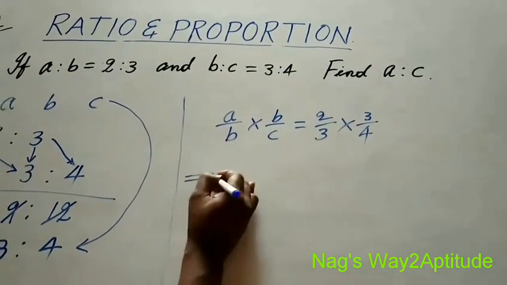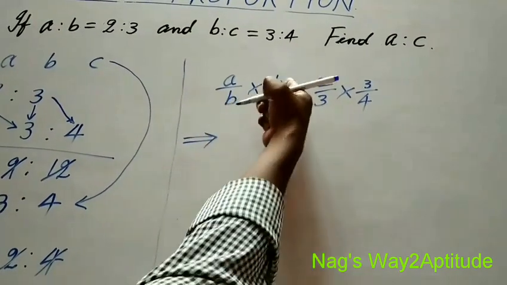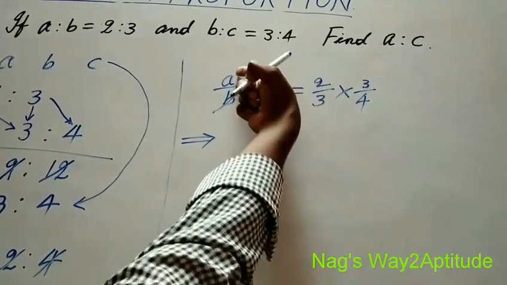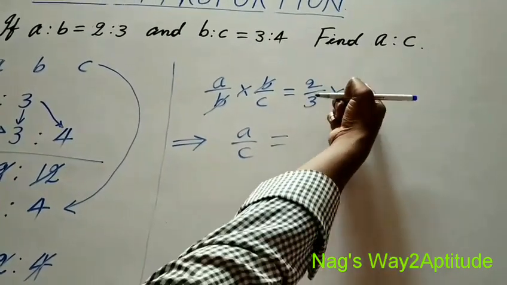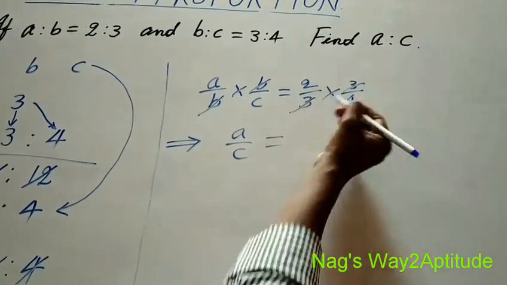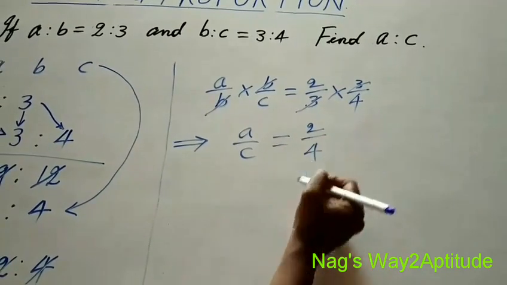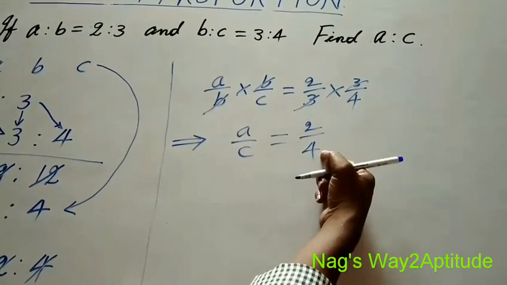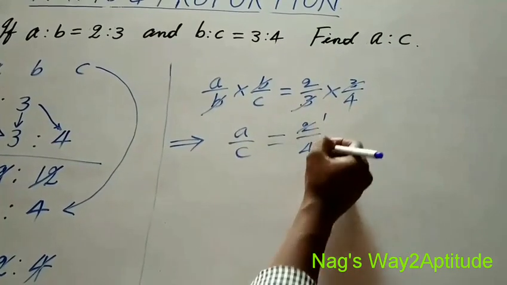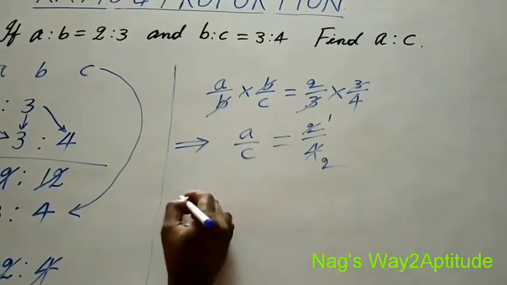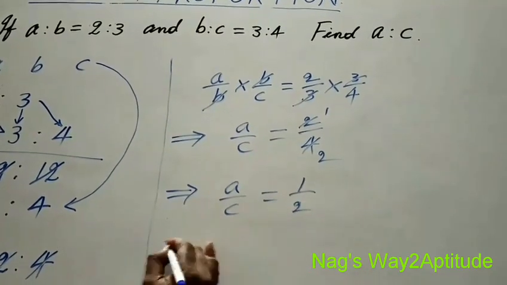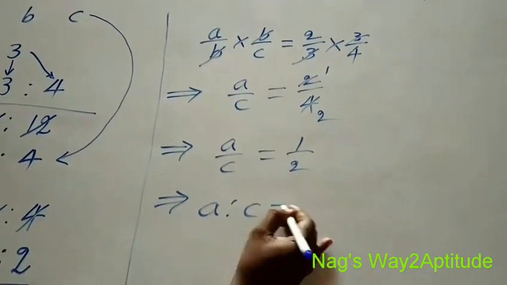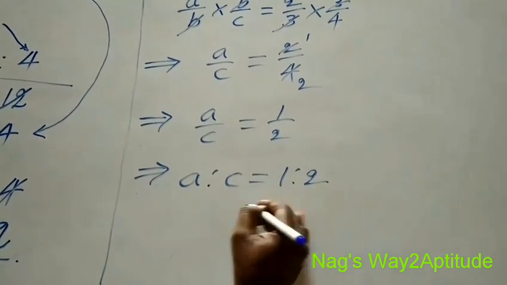After writing like this, you can cancel B and B, and there will be A by C is equal to, you can cancel 3 and 3, you will get 2 by 4. And in 2 by 4 you can cancel 2 and 4 like this, 1 by 2, and finally you got A by C is equal to 1 by 2. That means A is to C is equal to 1 is to 2.